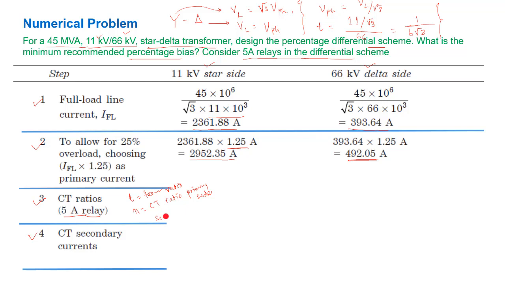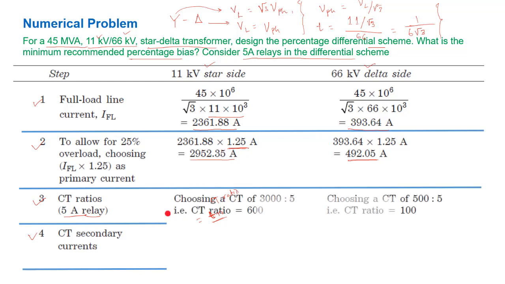So, the secondary side CT ratio will be T into N. Already we have derived this in the last class, right. So, it will be TN, just remember this. And now we will go ahead with this. So, let us see how we will decide the CT ratio.